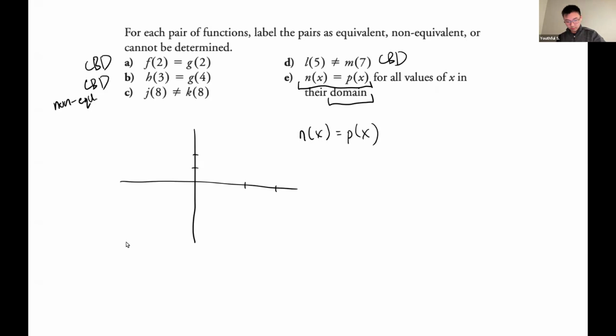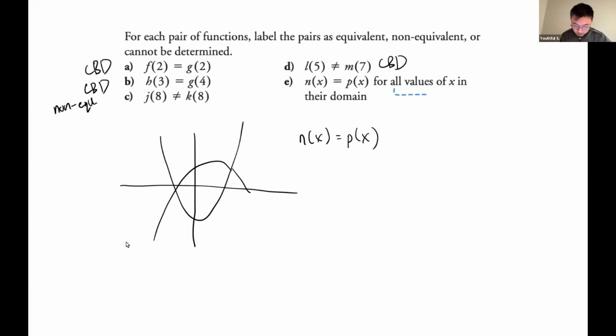So basically, they're telling us that the two functions are the same. Because if I had, let's say, a parabola as my first function, I can't draw a function that's different to it, because all the y values have to be equal to each other for every value of x.